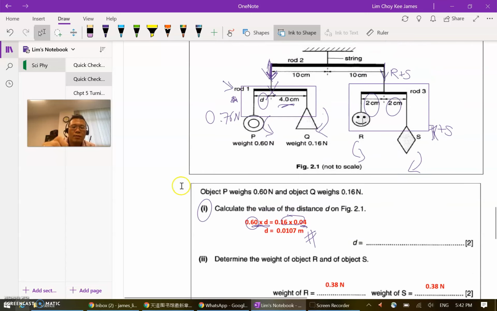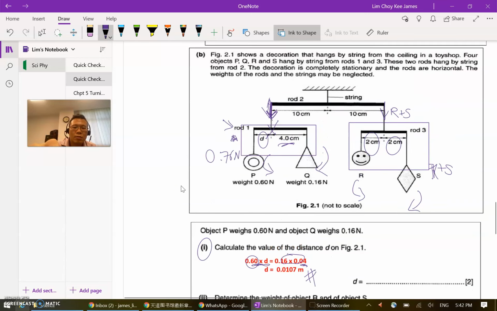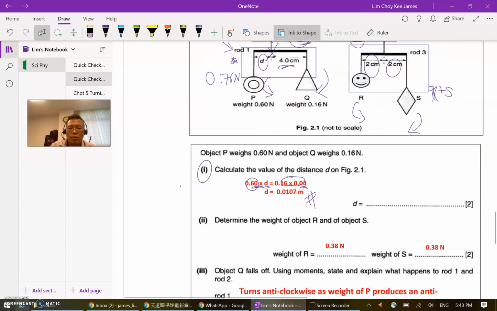Since the rod here is balanced, I can further infer that the anti-clockwise moment on the left and the clockwise moment on the right would be balanced. And since both moments have the same perpendicular distance, which is 10 cm, the force on the left hand side would be the same magnitude as the right side.